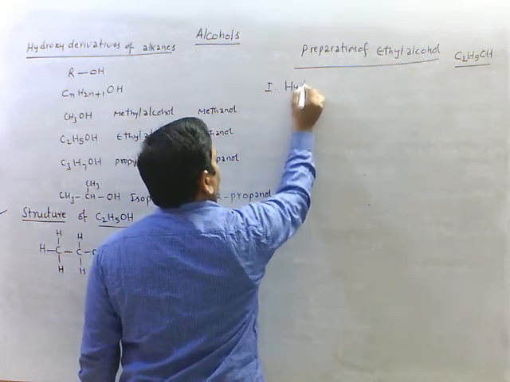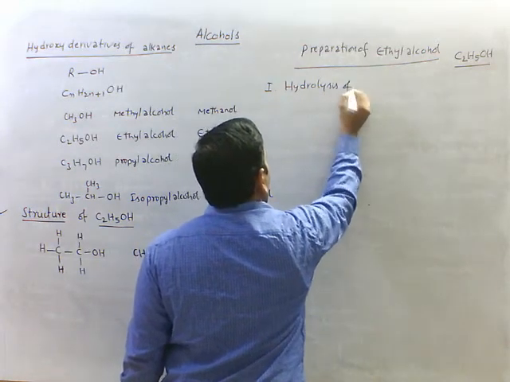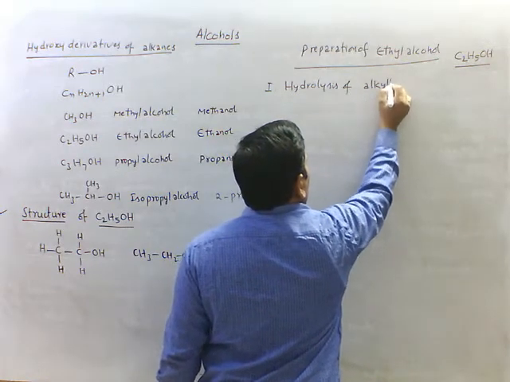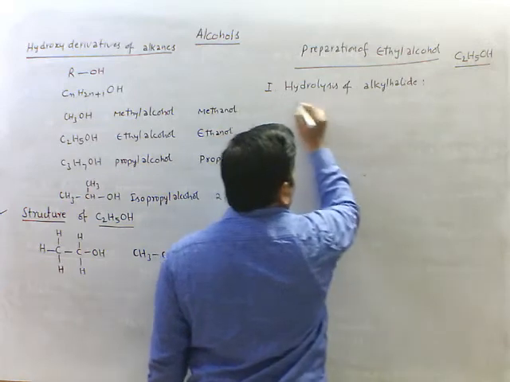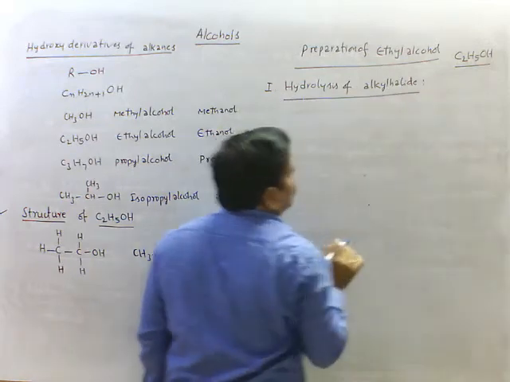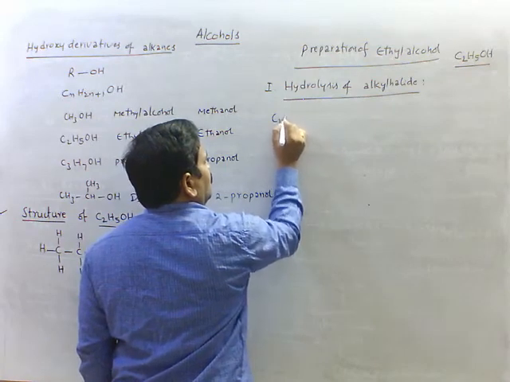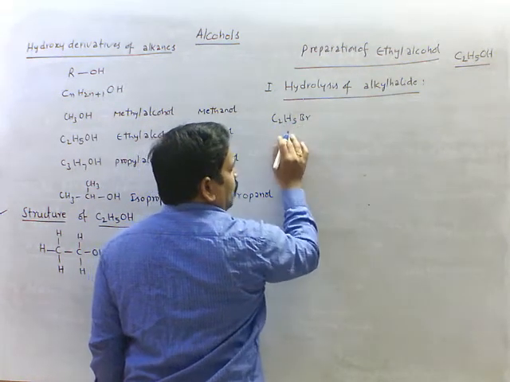Hydrolysis of alkyl halide gives alcohol. Now I am taking C2H5Br, ethyl bromide.